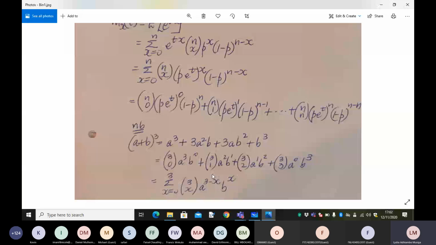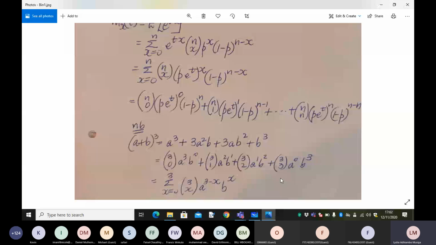And this second line, which ends in 3 combination 3, a raised to 0, b raised to power 3, can be condensed as summation x is 0 to 3, 3 combination x, a raised to 3 minus x, b raised to x, which is none other than what we have in our 3rd line.